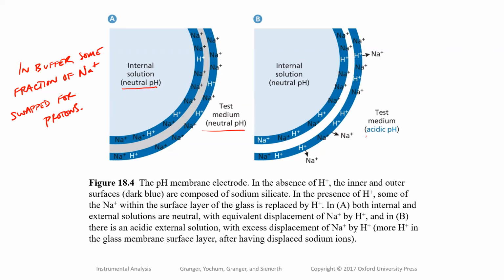Once we put it in acidic solution, right, more of our protons swap out. And this changes the potential across that glass membrane. Right?